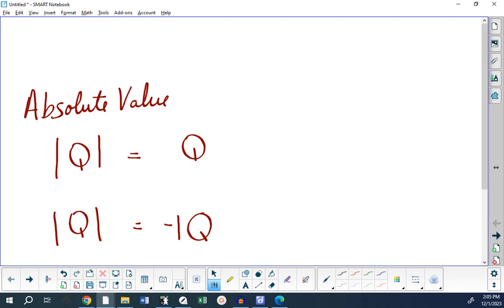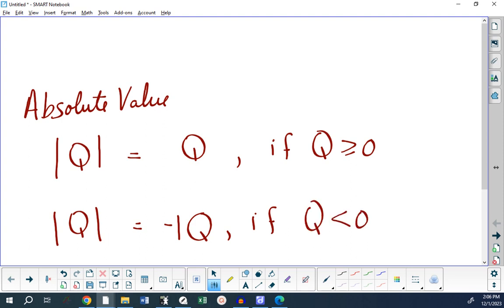There's a catch, though. The absolute value of a quantity is simply equal to the quantity if the quantity itself was greater than or equal to 0, because then the absolute value signs are not needed. However, the absolute value of a quantity is -1 times that quantity if that quantity is less than 0.